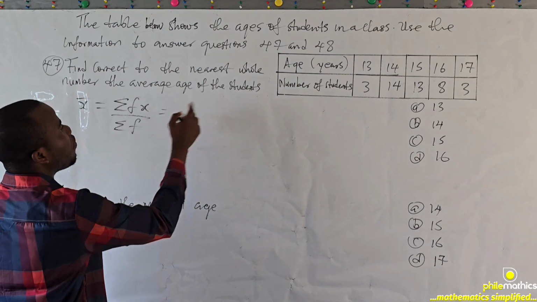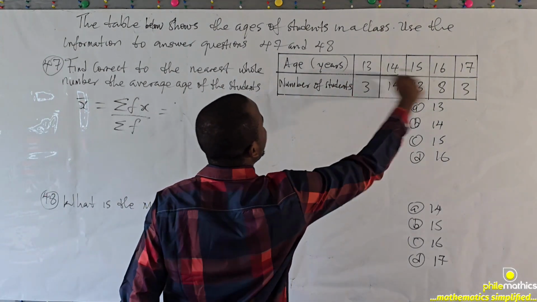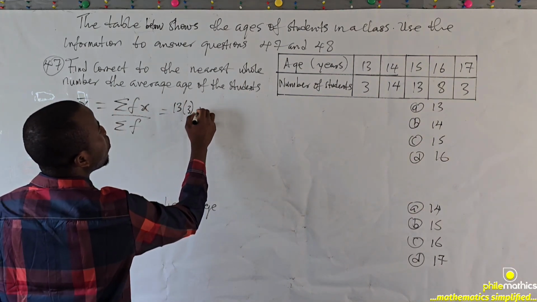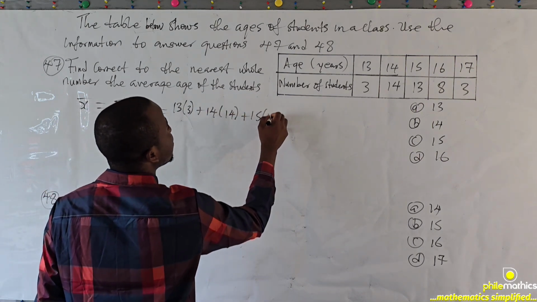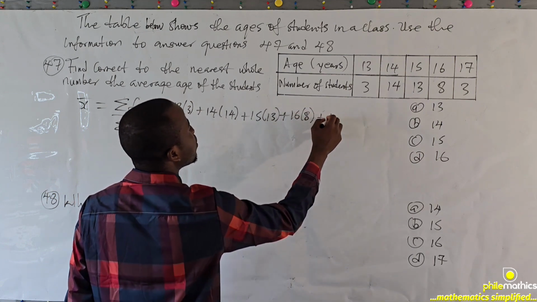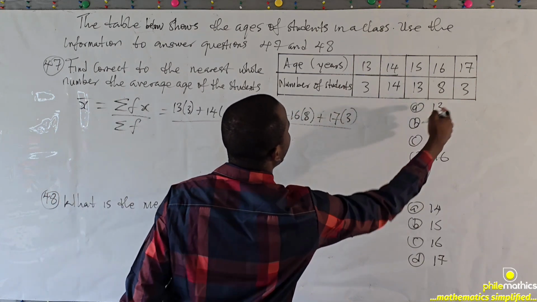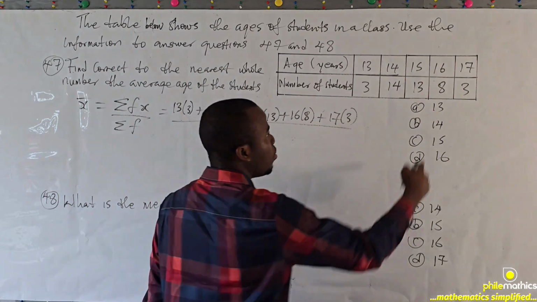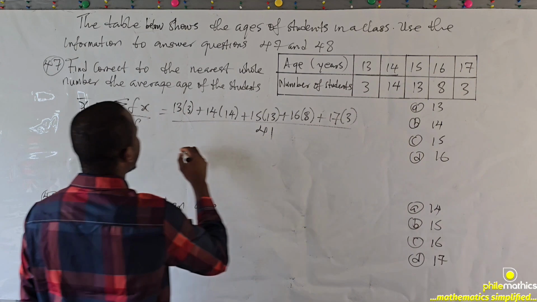And the summation of fx simply means multiplying this and summing it. 13 multiply 3, plus 14 multiply 14, plus 15 multiply 13, plus 16 multiply 8, plus 17 multiply 3, everything over the summation of this frequency. 3 plus 14 is 17, plus 13 is 30, plus 8 is 38, plus 3 is 41, over 41.